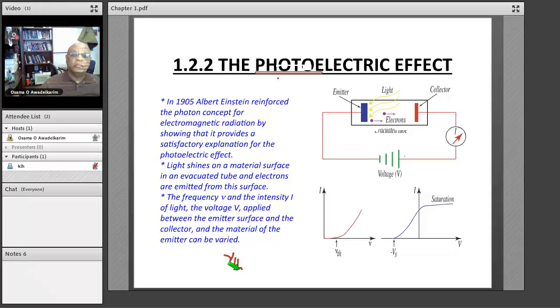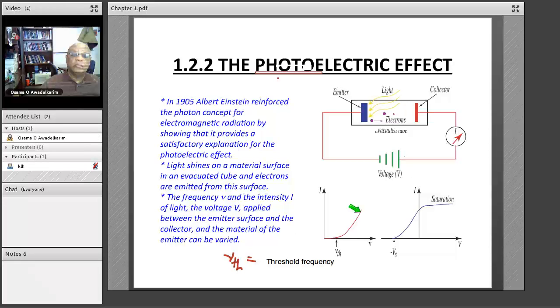This is the frequency at which the current starts to be measured on the ammeter. Beyond this frequency, as we increase the frequency, the current starts growing, becoming larger and larger. So even though the two plates are separated, we see current as we shine light.